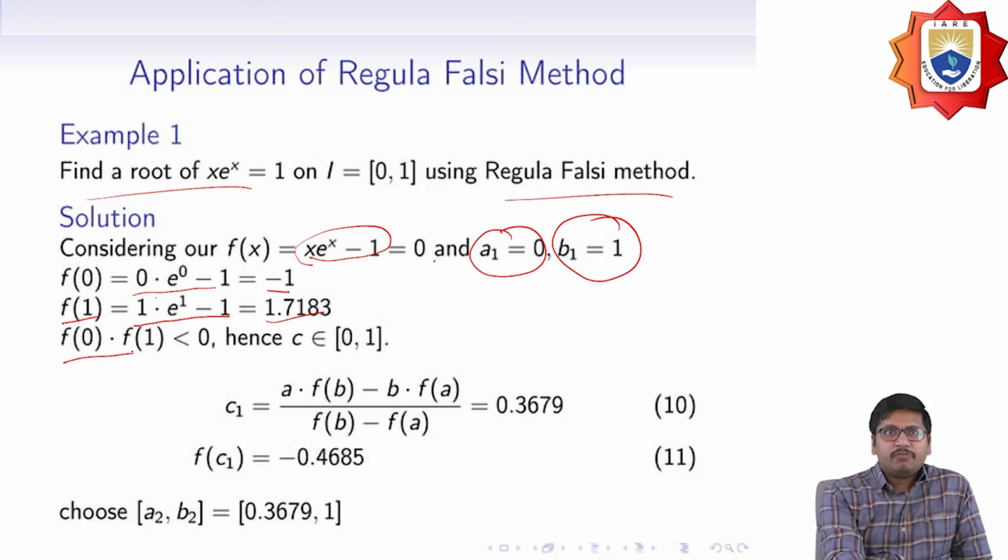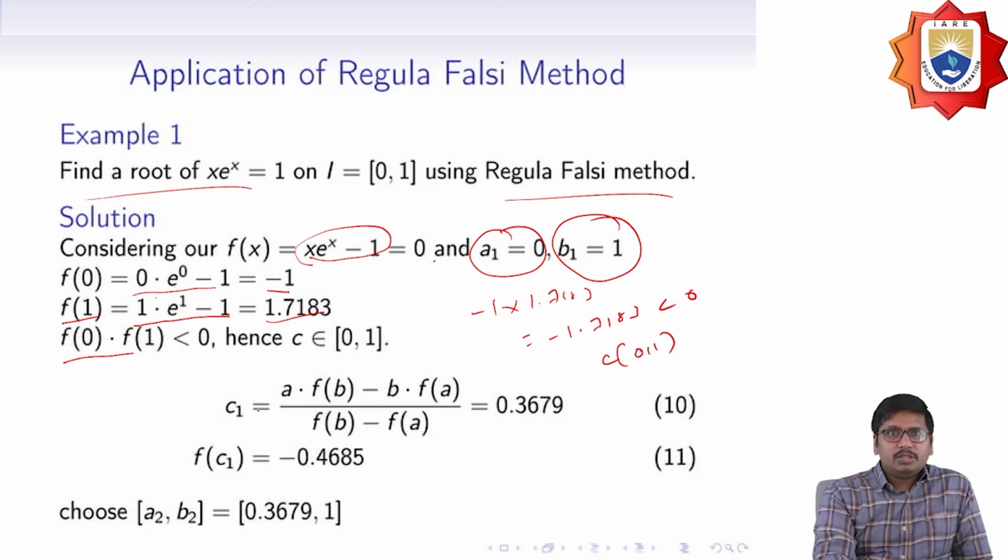Find the product of f of 0 and f of 1: minus 1 into 1.7183, that is minus 1.7183, which is less than 0. That means the root lies between 0 and 1.